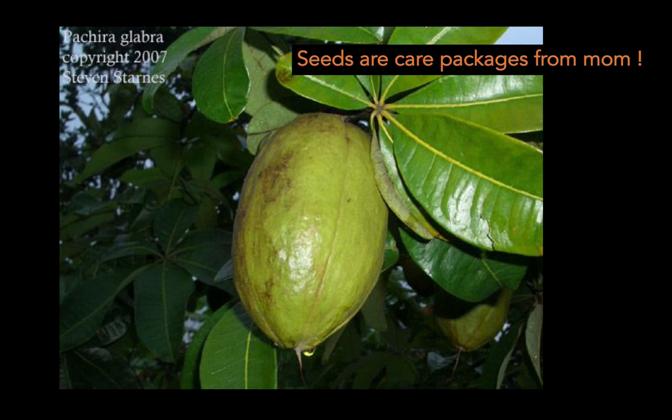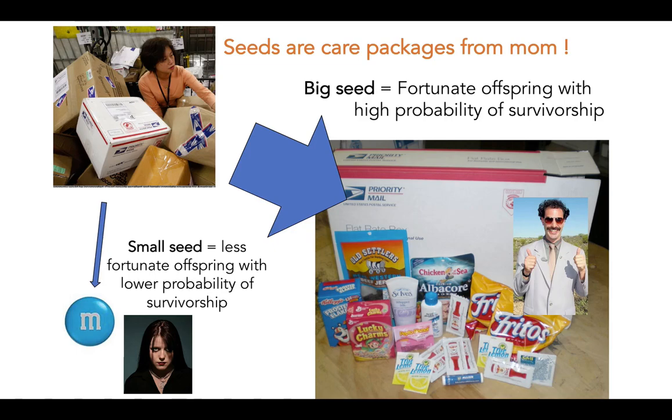So seeds in general are a care package from mom. And so the female component here on a plant, obviously the reproductive structures on a plant, but the seed itself really is a care package for the future generation.